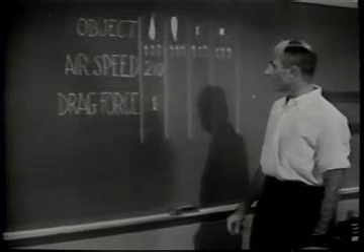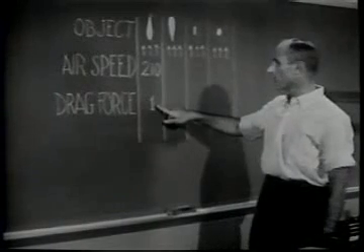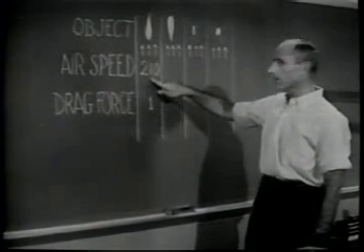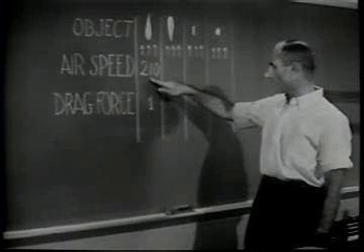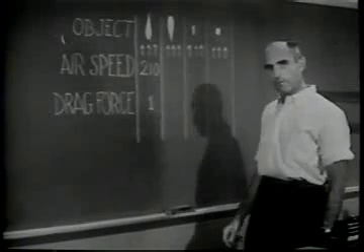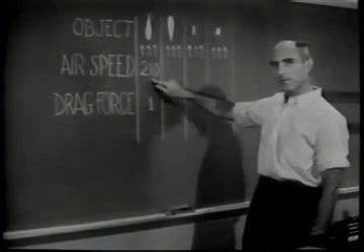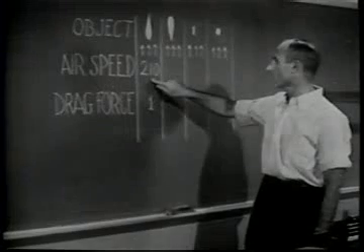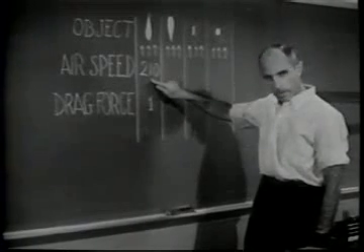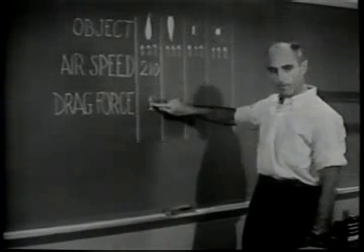As you saw, the drag force was 1 unit when the airspeed reached 210 miles per hour. In the experiments to follow, we will reproduce the same airspeed of 210 miles per hour while we measure the drag to compare with a figure of unity.